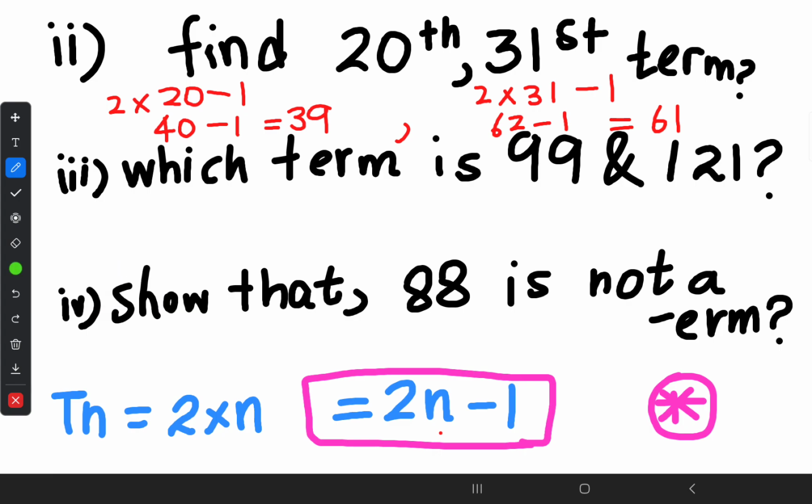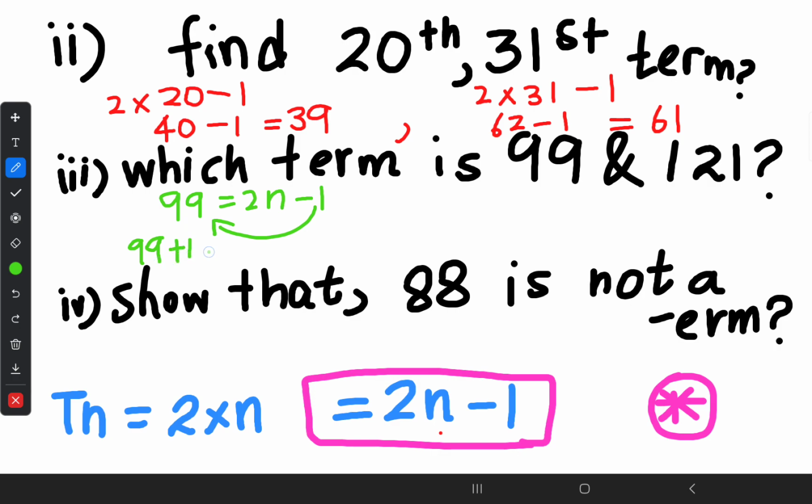Which term is 99 and 121? We have to find for 99 first. Which term? That means you should equalize it with the general term. So 99 equals 2n minus 1. There is a negative 1, so we have to bring the negative 1 as a positive 1 to the other side.